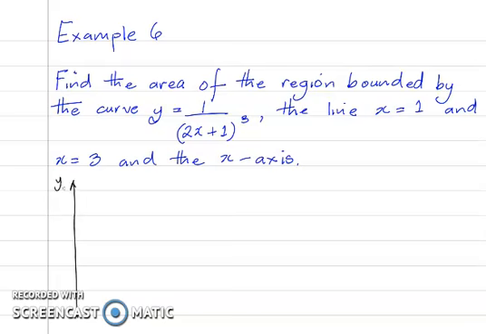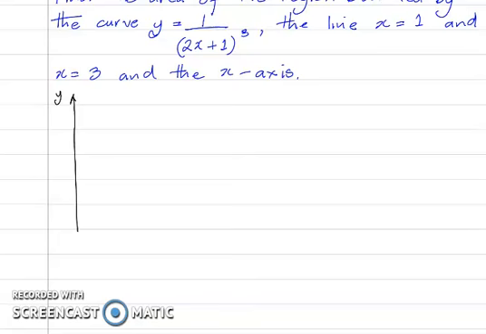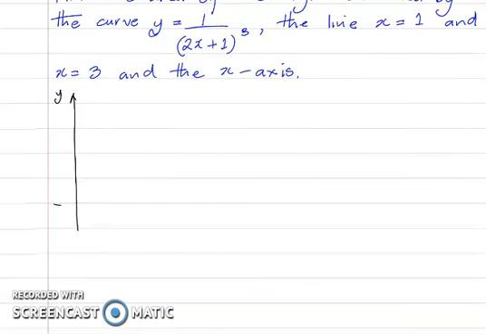This is the y-axis, and this is the x-axis. I'm just doing a little sketch of y is equal to 1 over (2x plus 1) cubed.